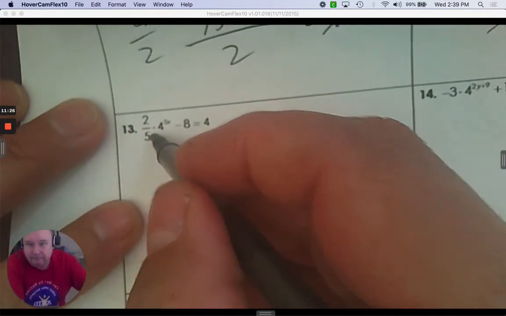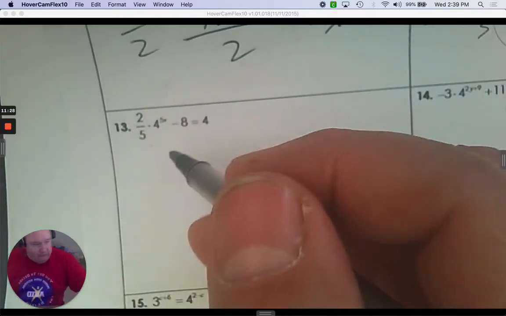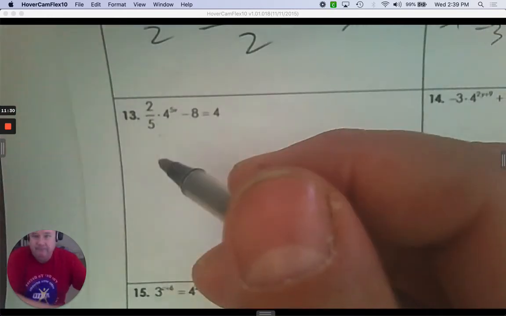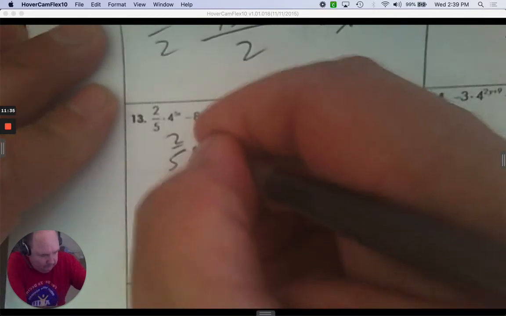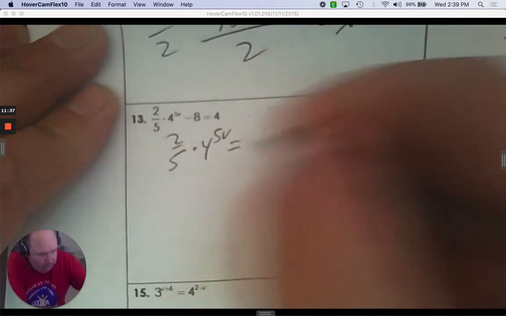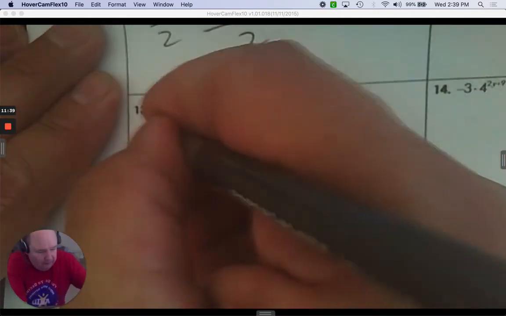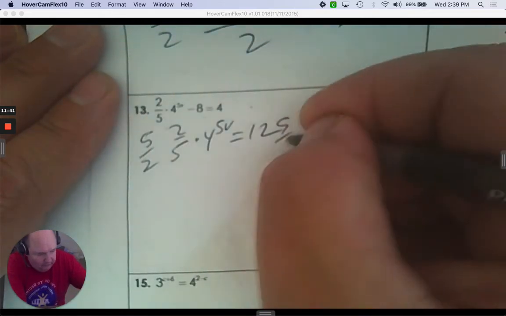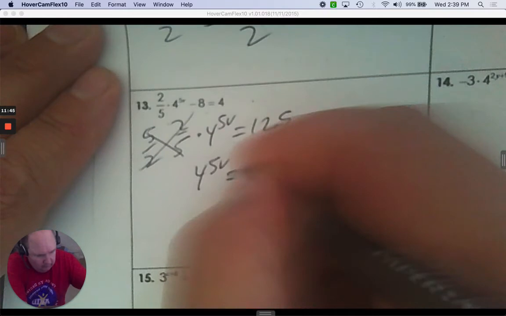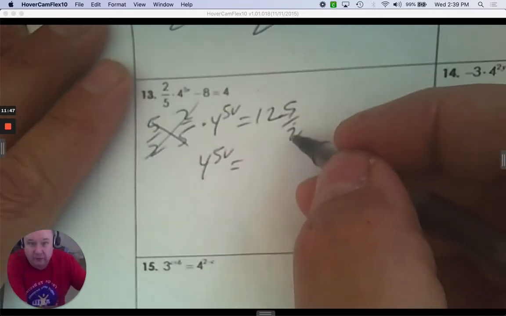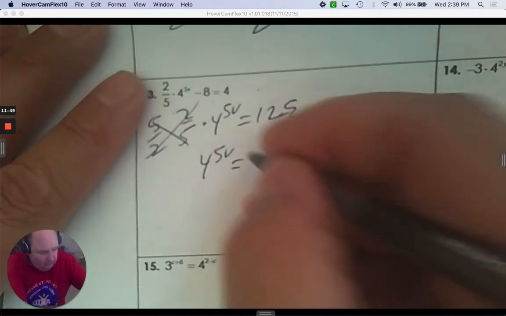Number 13. Solve this. That's to the 5v. So add 8 to begin with. That's 12. Multiply by the reciprocal, both sides. So when you multiply times the reciprocal, you get 6 times 5, which is 30.